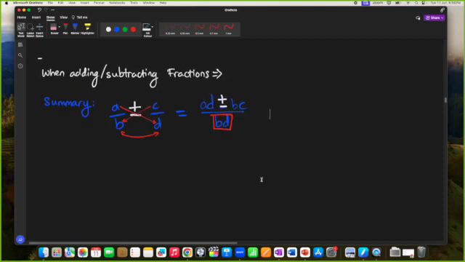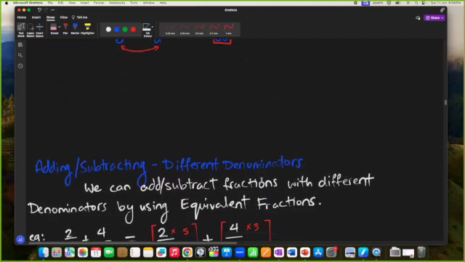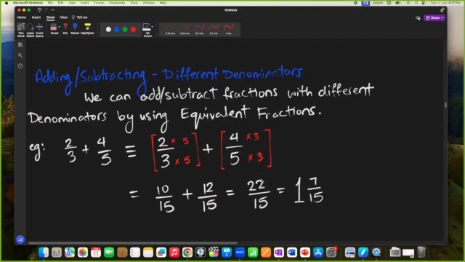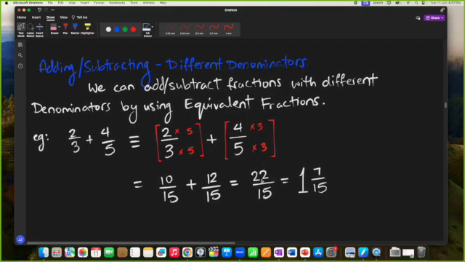Anybody still writing? Now, this is not the only way to add and subtract with different denominators. When we're talking about adding and subtracting fractions with different denominators, there is a different, easier method, right? We can add or subtract fractions with different denominators by using equivalent fractions.